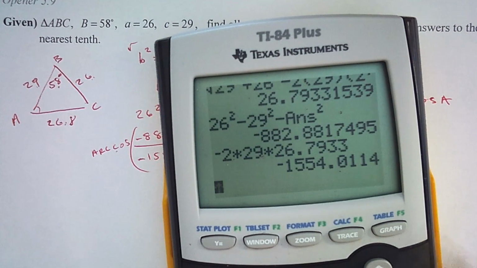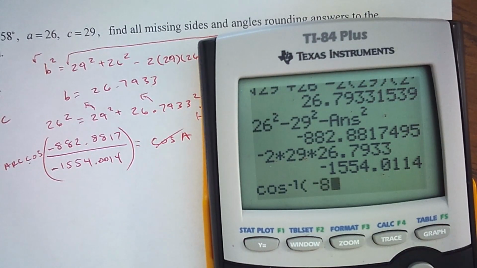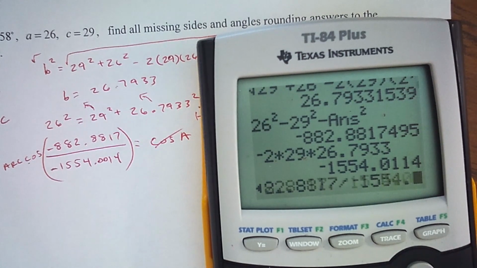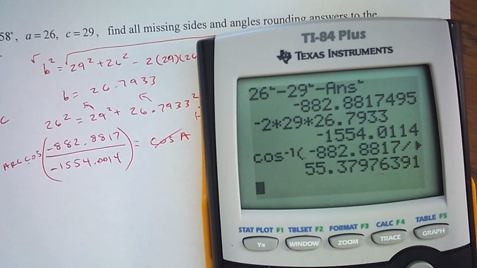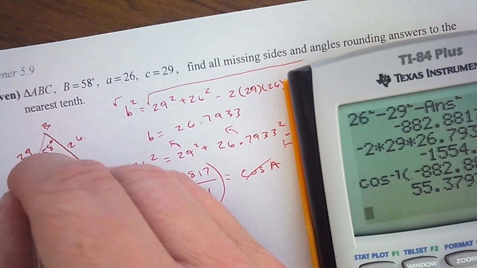So I have arc cosine of negative 882.8817 divided by negative 1554.0014, and I get 55 point, and to the nearest tenth, it's 55.4.